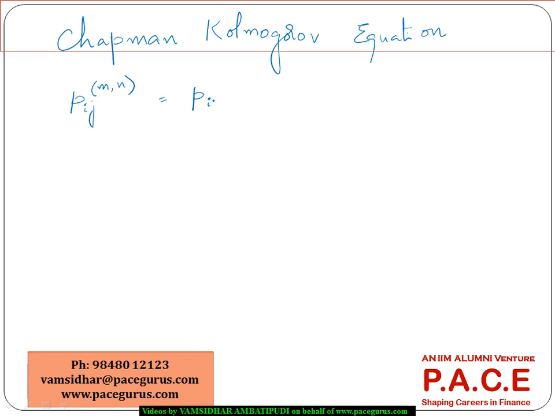These transition probabilities can be solved using Chapman-Kolmogorov equations. All we are saying is the probability of going from state I to state J at any point in time is the same as the probability of going from state I to state K and again from K to J.